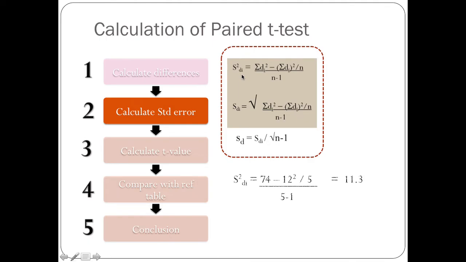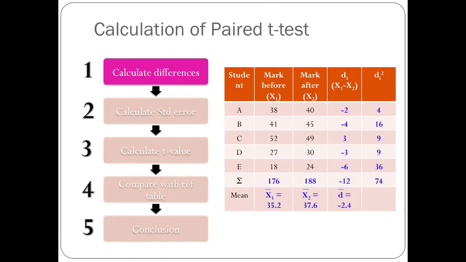First, you obtain the sum of D squared, so your differences squared, and the sum of it is 74.